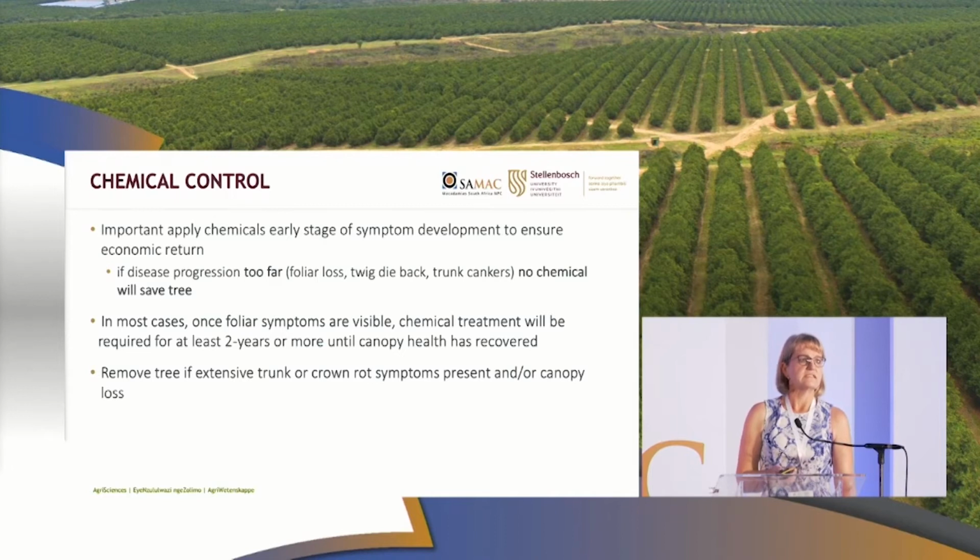So I'm just going to tell you about chemicals that we are busy trying to register and starting registration trials on, and they are effectively used both in avocado and citrus.